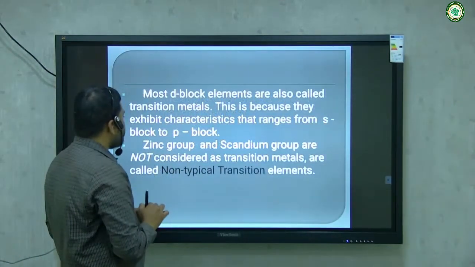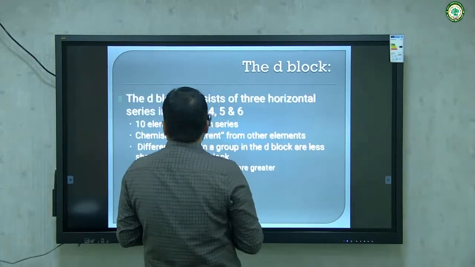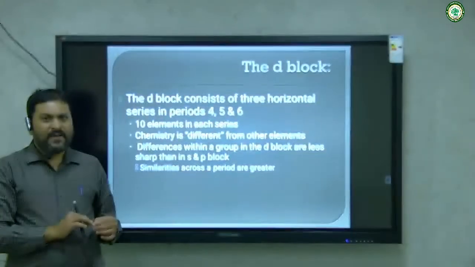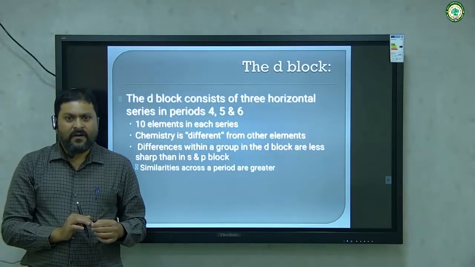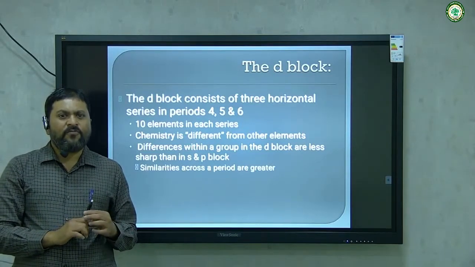Next, here again the D block elements. The D block elements consist of three horizontal rows. Okay, the D block elements consist of three horizontal series in periods 4, 5 and 6.